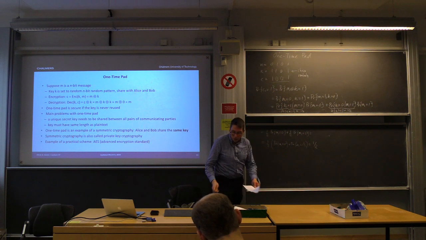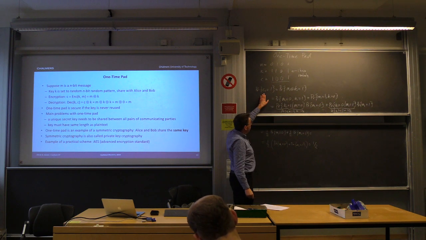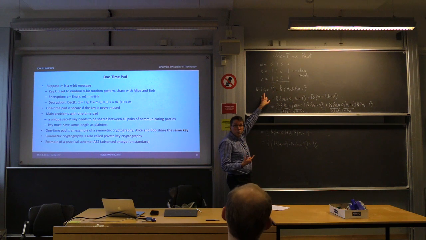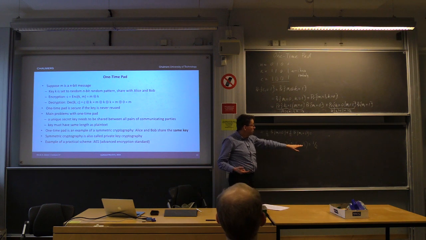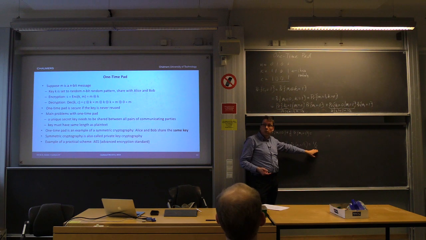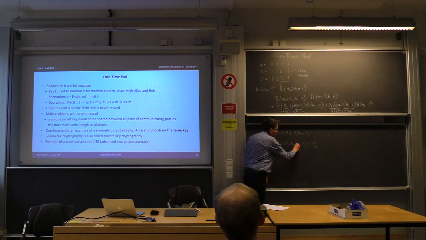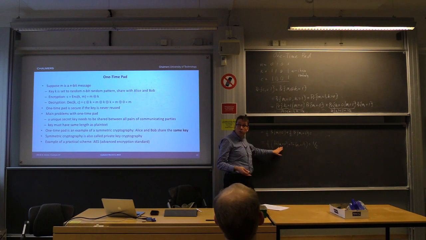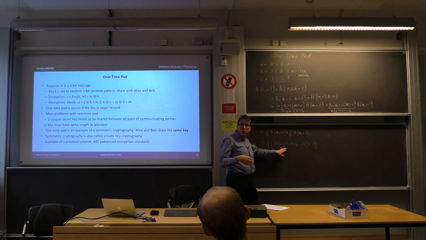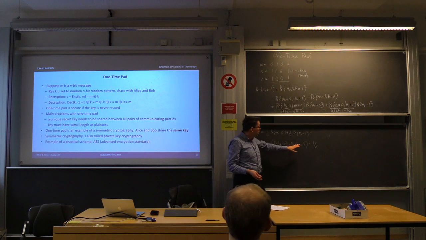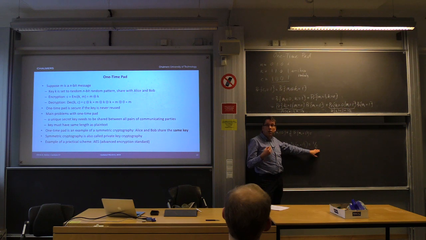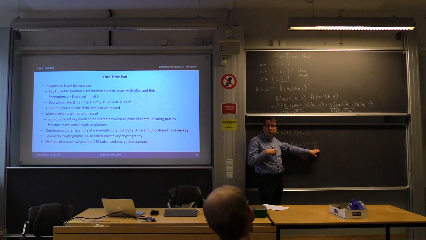So what we have deduced now is that the probability that the first bit in the ciphertext is equal to 1 is 1/2, regardless of the distribution for M1. You know, maybe it favors zeros more than ones or ones more than zeros. It doesn't matter. The probability that the first cipher bit is 1 is 1/2. And then, of course, it's symmetrical. So it's the same for the probability that the first bit of the ciphertext is 0.